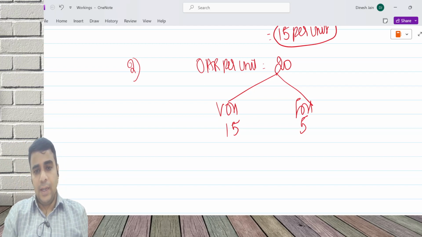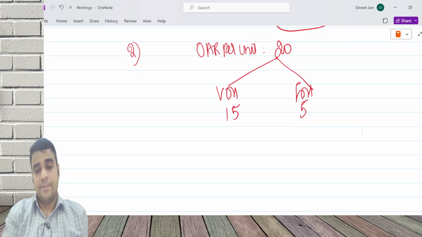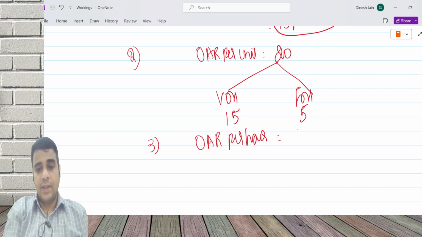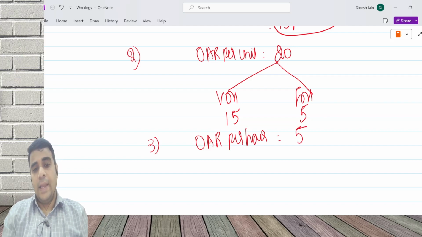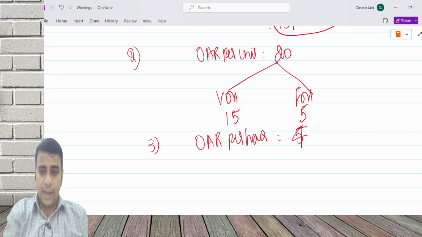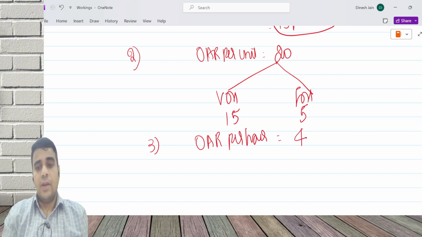I don't need per unit, I need per hour. Similarly, OAR per hour is equal to 4.